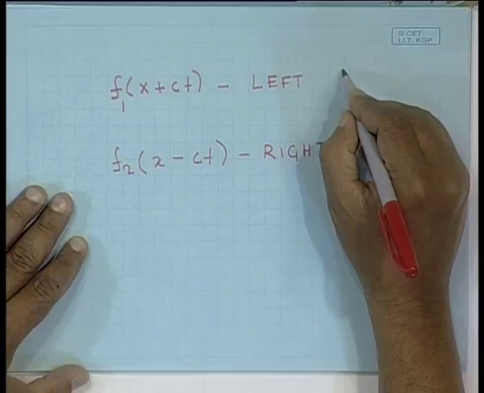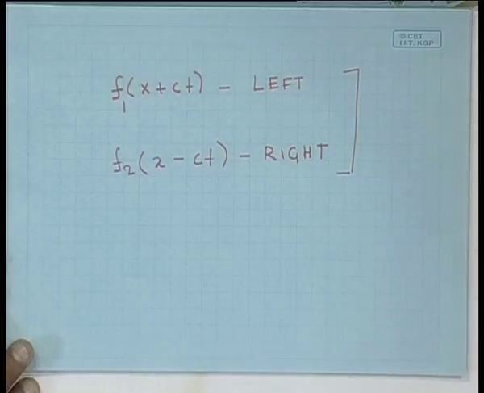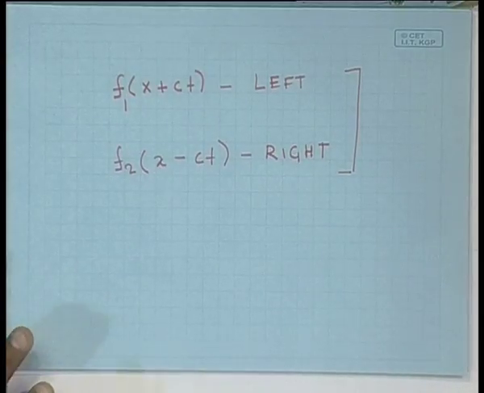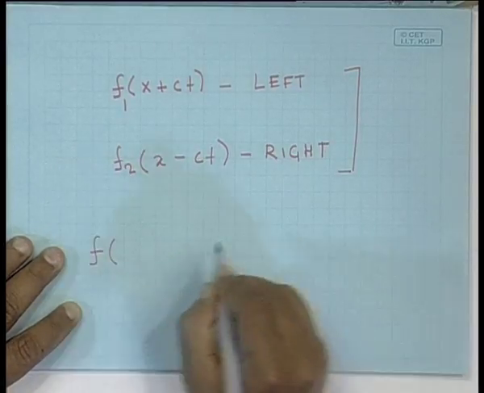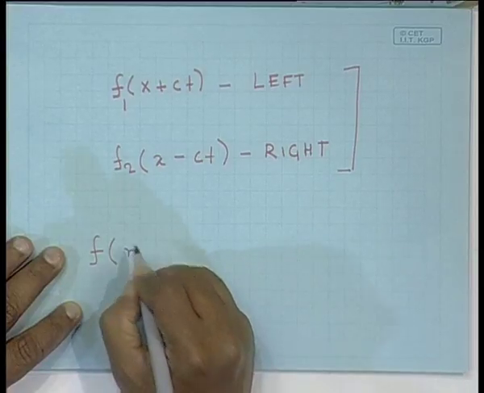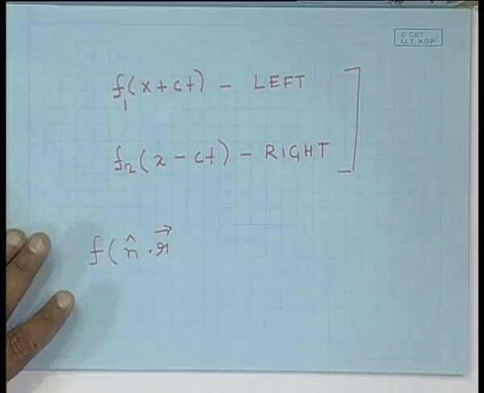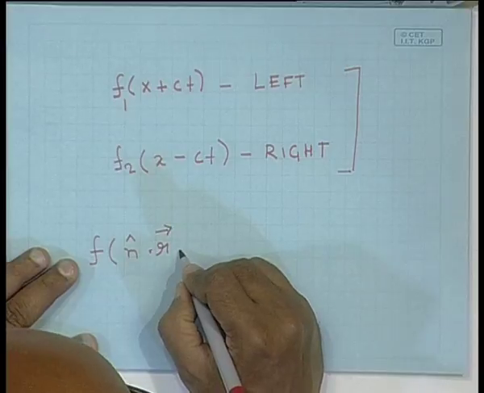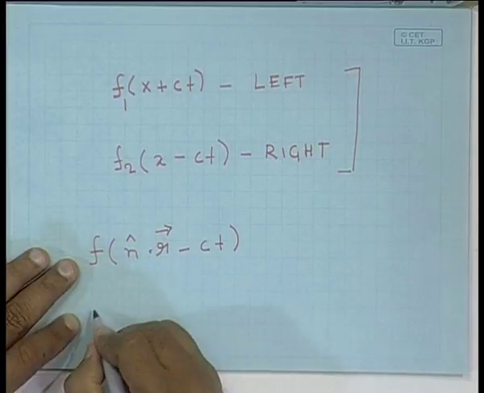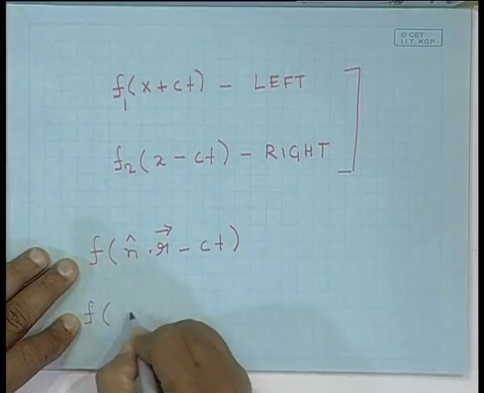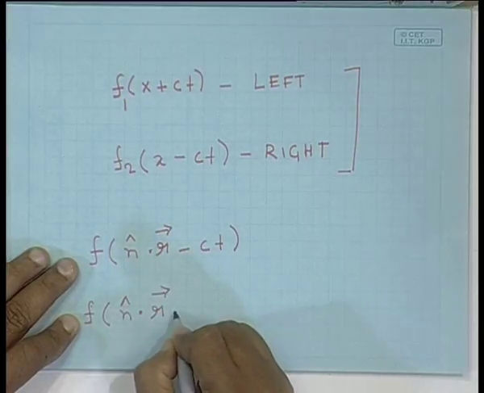Now, what we had written down here was for a wave in one dimension, for a wave along the x axis specifically. Now, if I have a plane wave in some arbitrary direction, then I can write the left propagating wave as f of n dot r, where n is the unit vector in the direction in which the wave is going. So, this represents a wave propagating along the direction n, and this represents a wave propagating along the direction minus n.